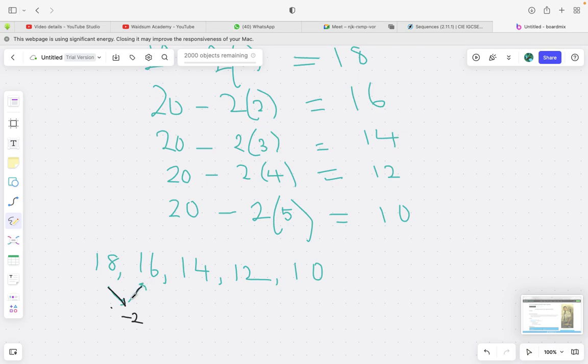It is second minus first, third minus second, fourth minus third, and fifth minus fourth. So 14 minus 16 gives negative 2. For this one, 12 minus 14 gives negative 2.